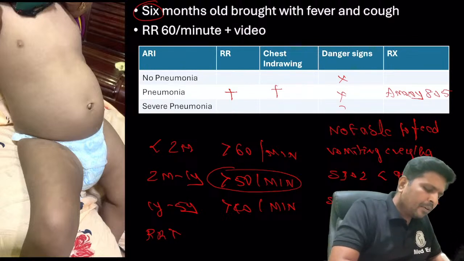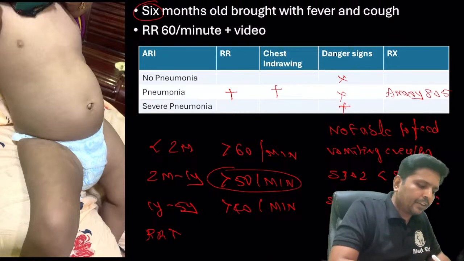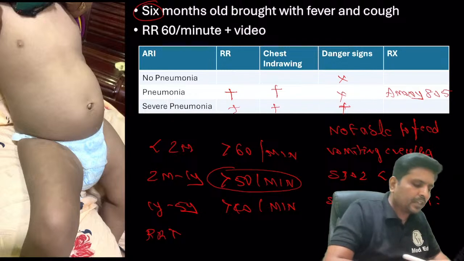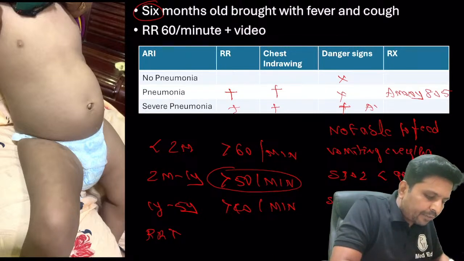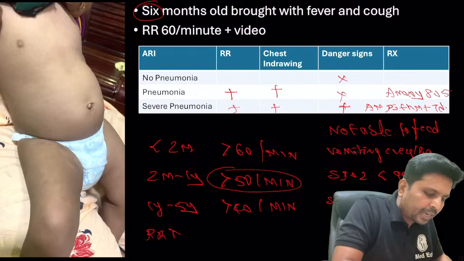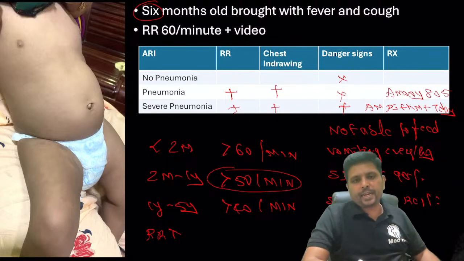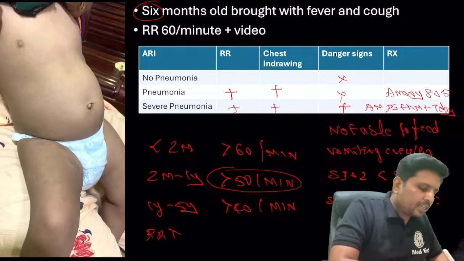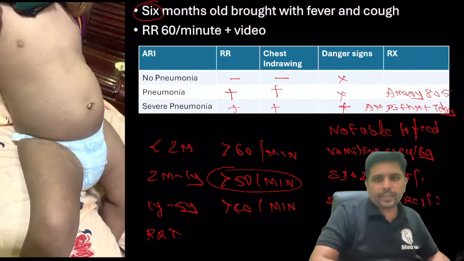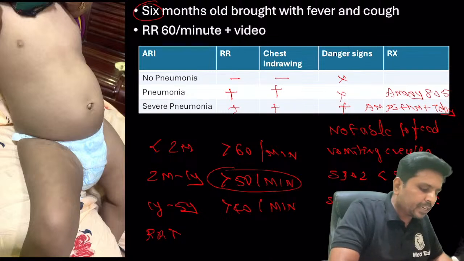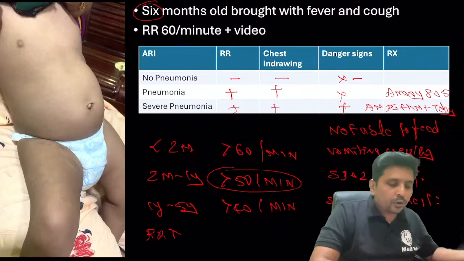When you have red flags, when you have danger signs along with the fast breathing and chest indrawing, then you need to give a combination of ampicillin and gentamicin for 7 days. This is the ARI control program. When the respiratory rate is normal, there is no chest indrawing, and there are no danger signs, then it is called no pneumonia.